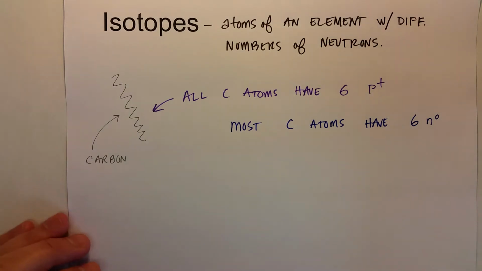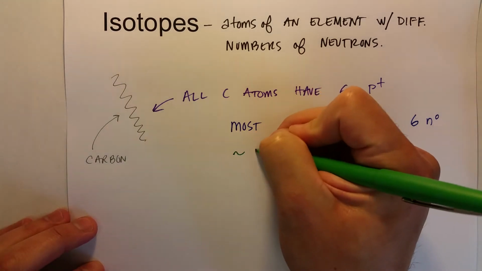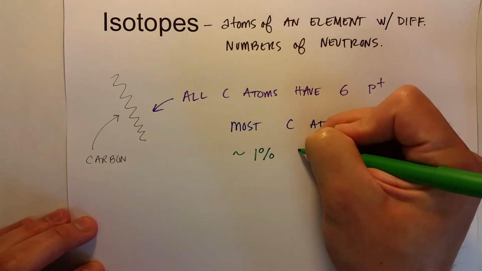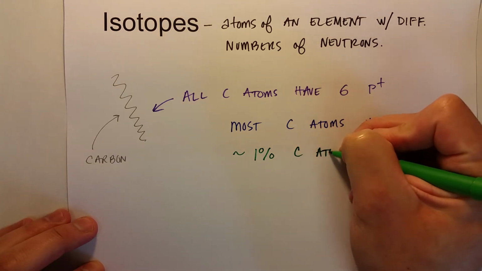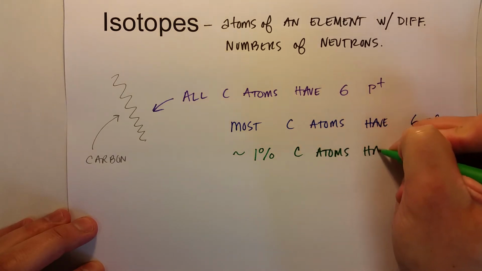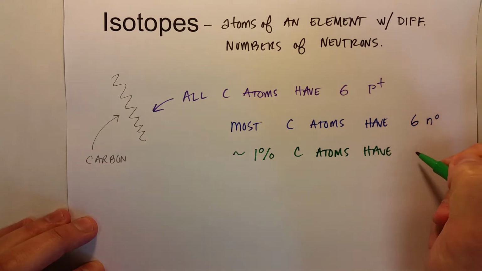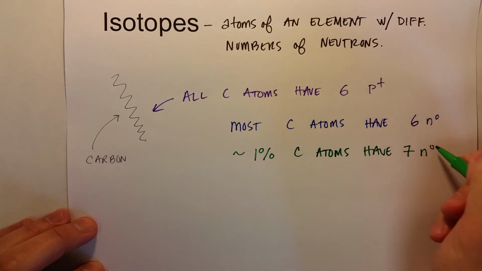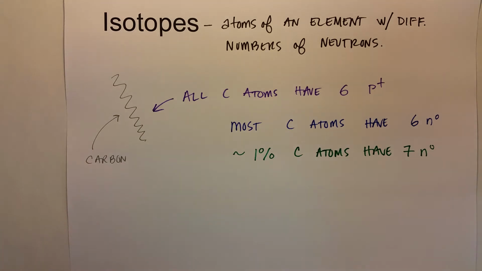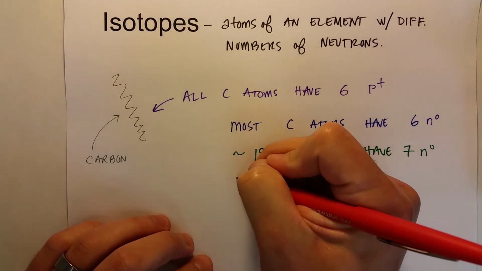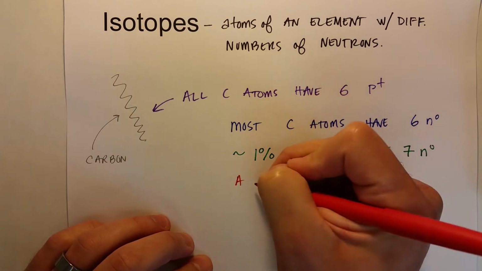A few, about 1% of carbon atoms, have 7 neutrons. And a very, very small percentage of those atoms have 8 neutrons.